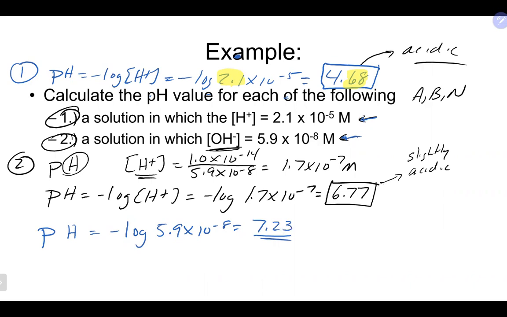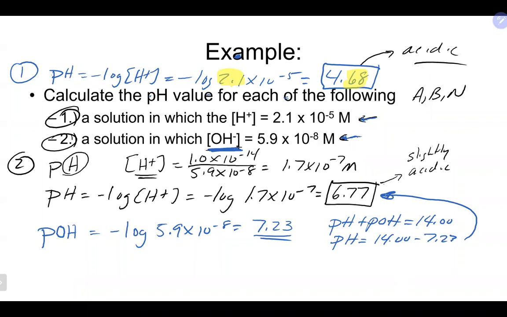This is the OH minus concentration, which means you actually calculated what is known as the pOH, which is not the pH. It runs opposite of the pH, by the way. And that's not necessarily a bad thing because there's a nice relationship that the pH plus the pOH is equal to 14. So you could have then taken the pH as 14 minus 7.23, and you would get back to the pH in that case.